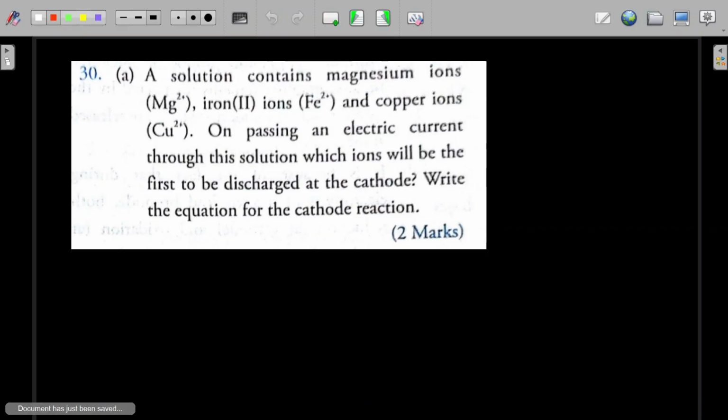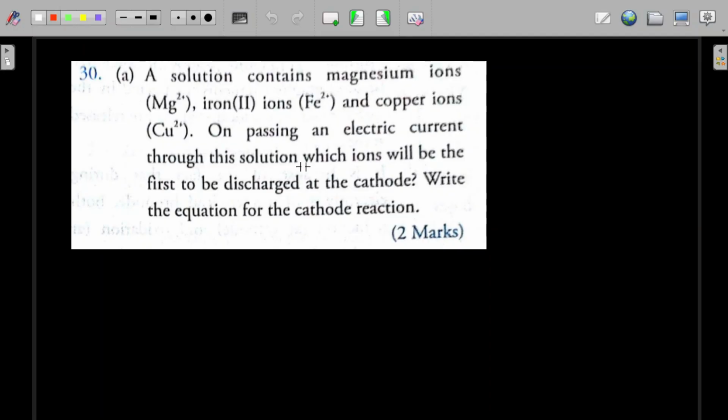Again a similar kind of question here. Rishi, what is the answer for this? A solution contains magnesium, iron, copper ions.